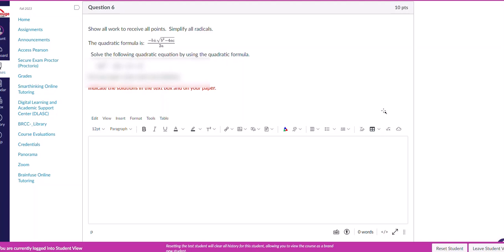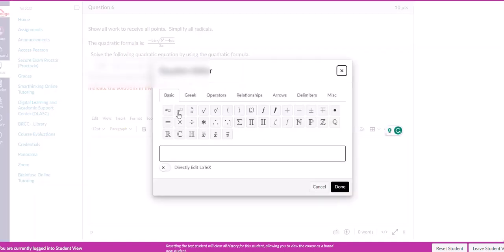Because you could go here and do all this, you see right here, but if you're taking too long on each problem, you may just want to type out in a sentence what the answer is. But you could go here, see this right here, and I'm going to just show you. When you click on that, it'll give you this. But you have to figure out how to use all of this.